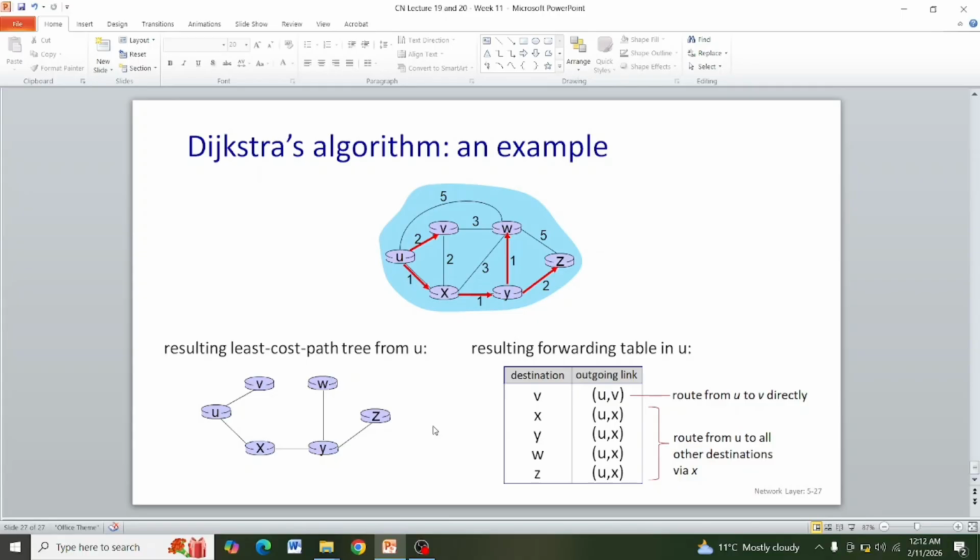Then, following the algorithm steps, we compute the cost of each node, and each node of the network has its own forwarding table. And at the end, we get a path or a route that is the least cost path from source to destination.